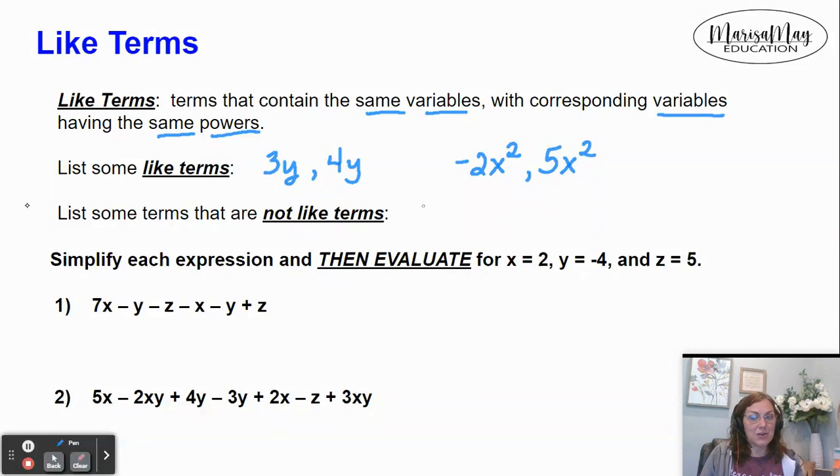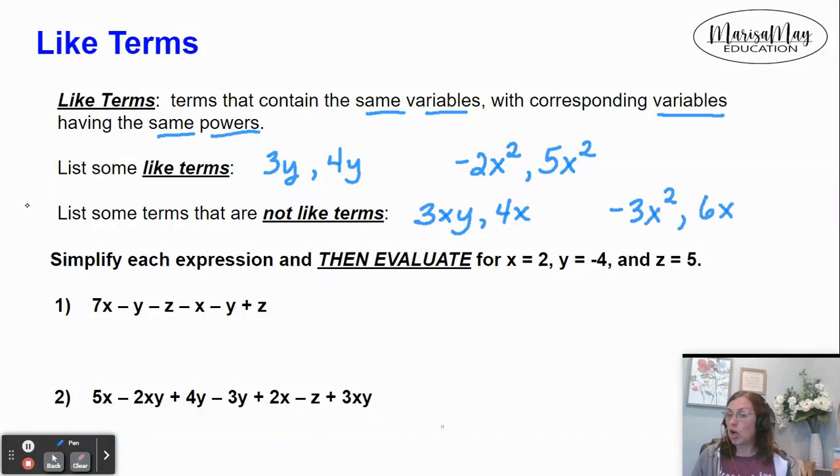Things that are not like terms would be 3xy and 4x. See, they don't have the exact same variables. Also, -3x to the second and 6x are not like terms because they have the same variable, but they don't have the same exponents.